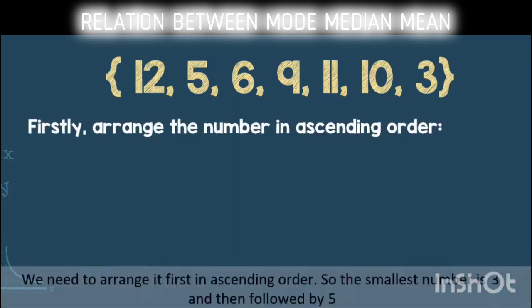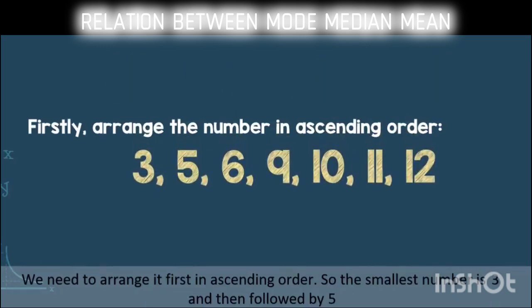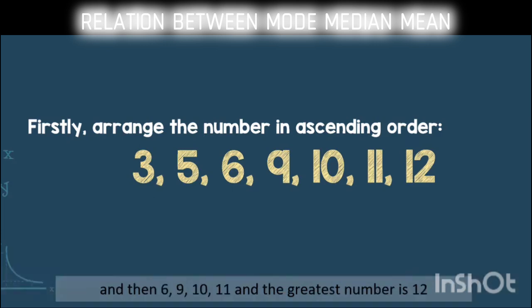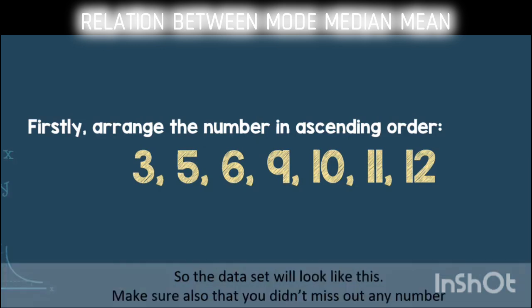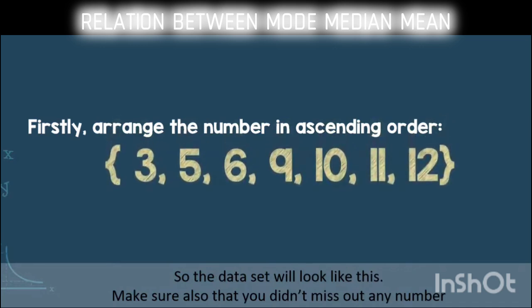We need to arrange it first in ascending order. So the smallest number is 3, followed by 5, then 6, 9, 10, 11, and the greatest number is 12. So the dataset will look like this.